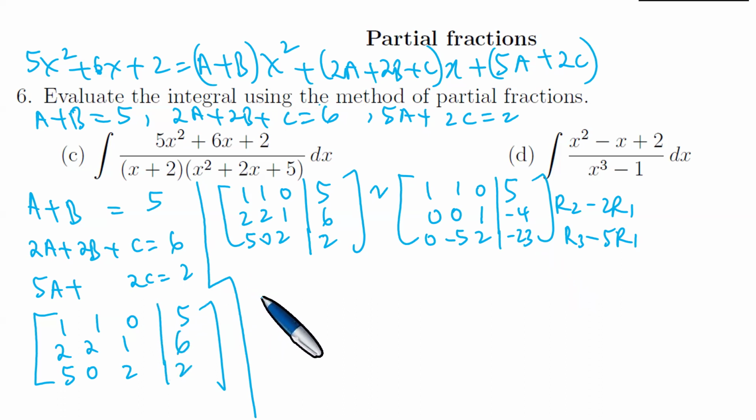Okay, we're using matrices here. Now at this point, you can switch these two rows and bring this row to the bottom. Row 3 and 2.